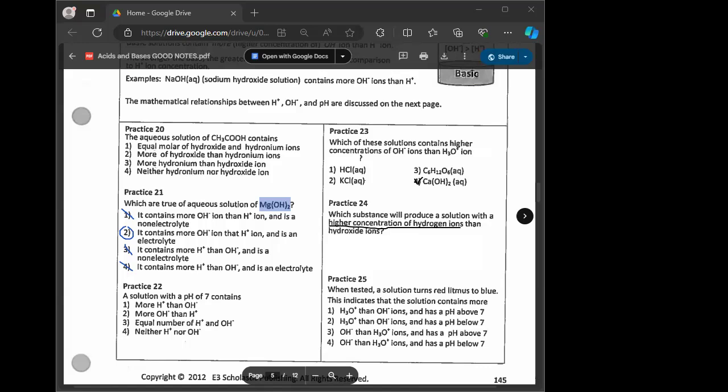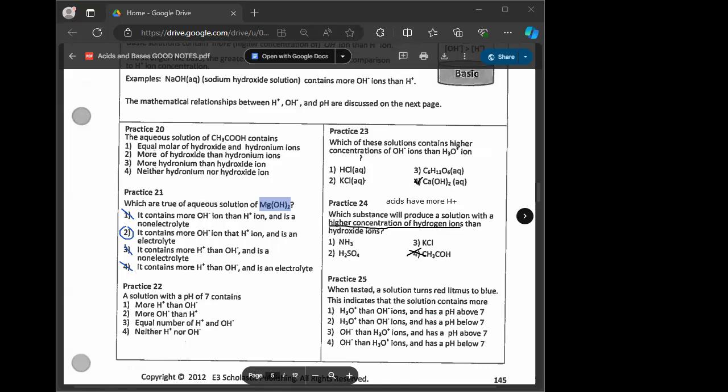The base. No. So that's the problem, is that you would need to know properties of acids and bases. Acids have more hydrogen. Okay. So we're looking for an acid.